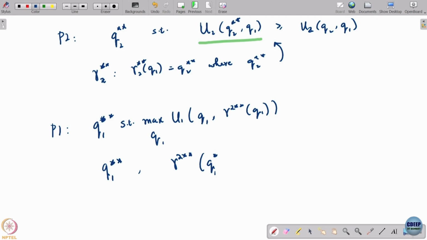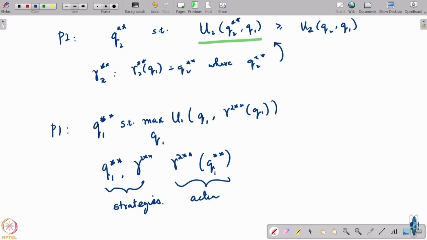So this here is the action. These two are the strategies.